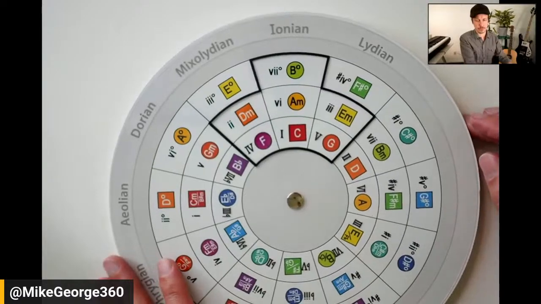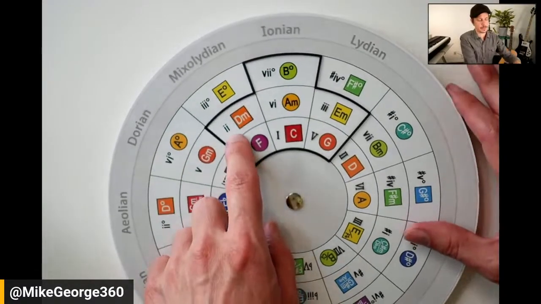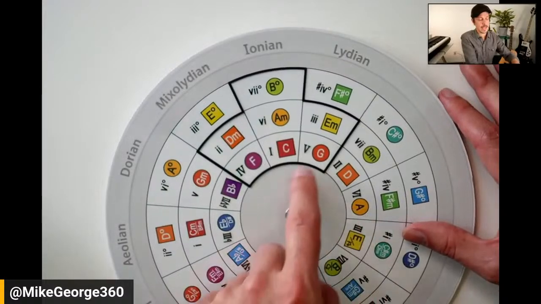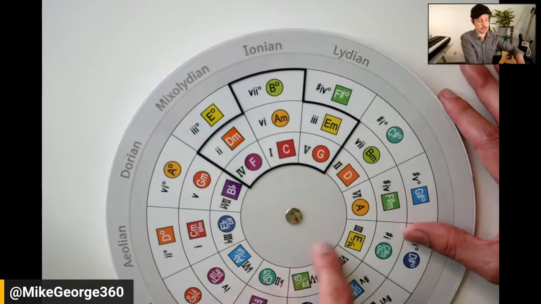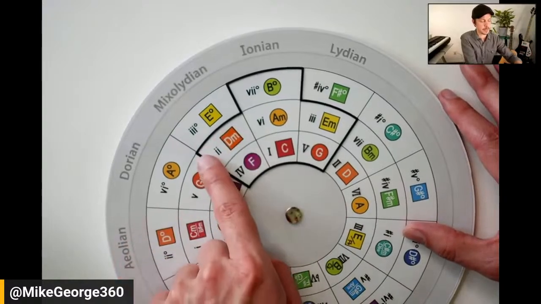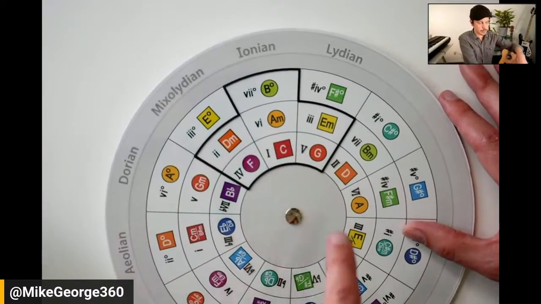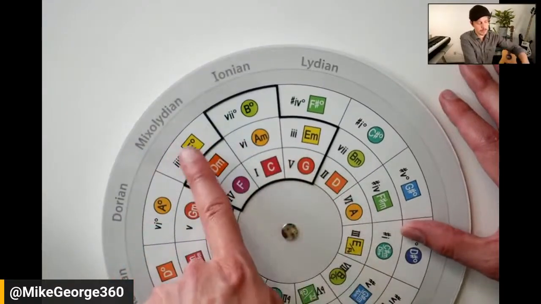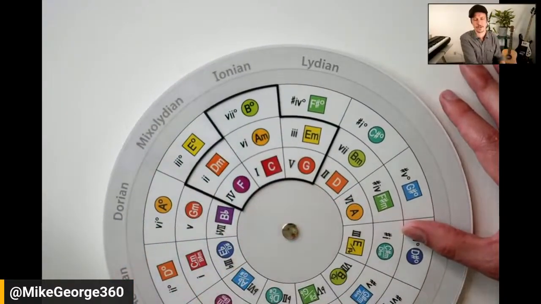So that's basically the rule of thumb: for a secondary dominant, you go to the right and then find the major chord. The actual secondary dominant is going to be in this inner ring because they're all major chords. It's not going to be over here somewhere; because of that spiral arm, it's going to be this way and in the center.